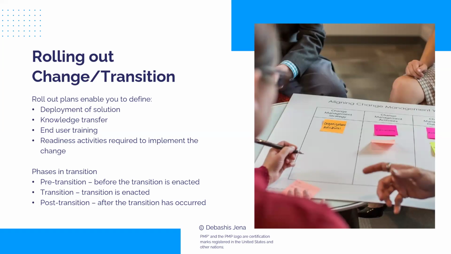If you go check PMBOK, PRINCE2 and so on, they don't much speak about change management. This is more talked about if you learn program management. But still, why am I talking about it a little bit is because this is also identified as one of the topics in the exam. So you need to know a little bit. So I'll speak about this now.